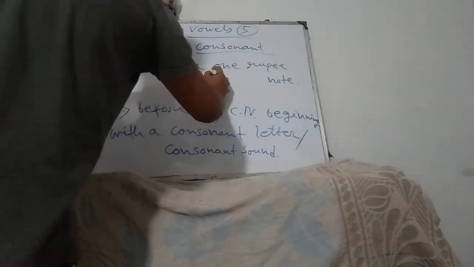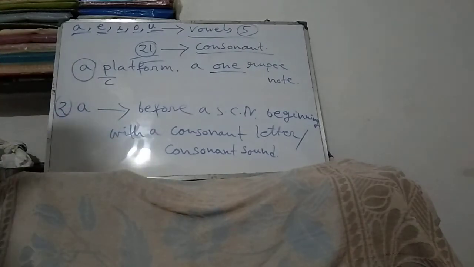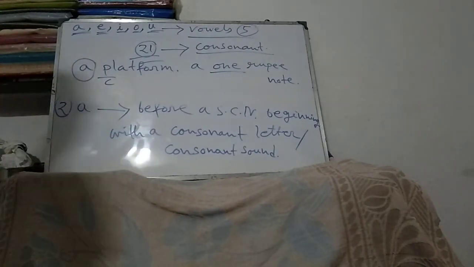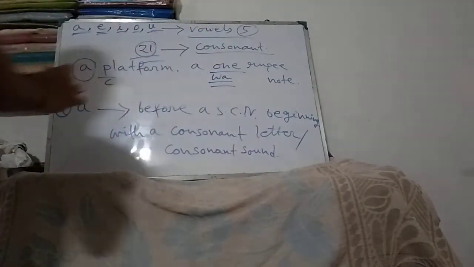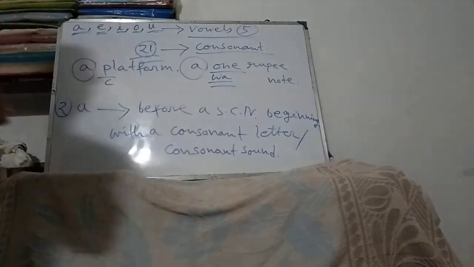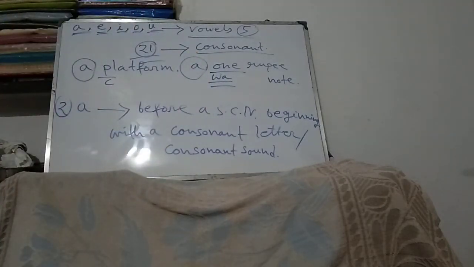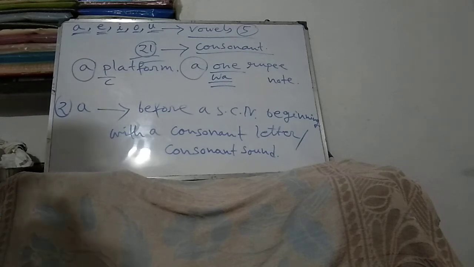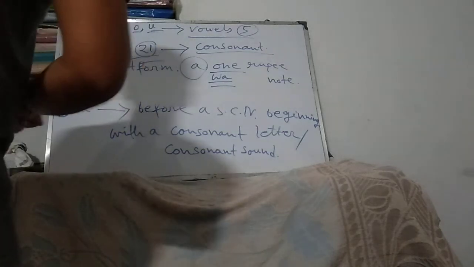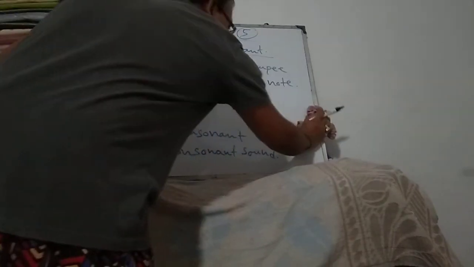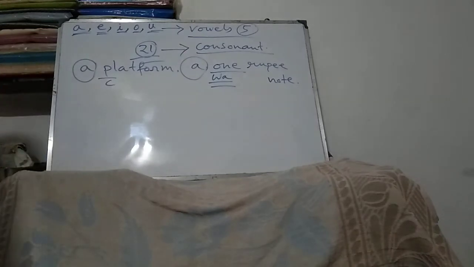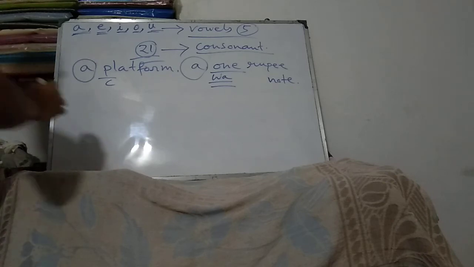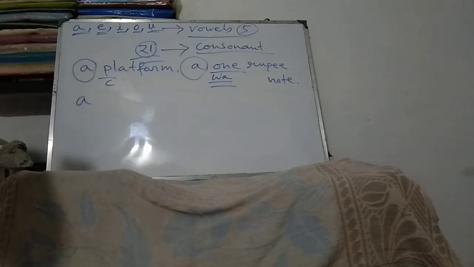Here 1, when you pronounce this word, O is pronounced like wa. That's why a is used before a word beginning with 1. Similarly, there are some more words like this. For example, a European.